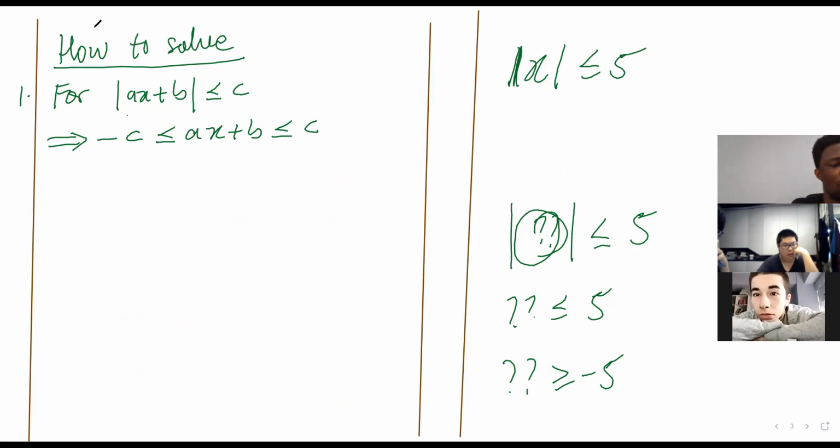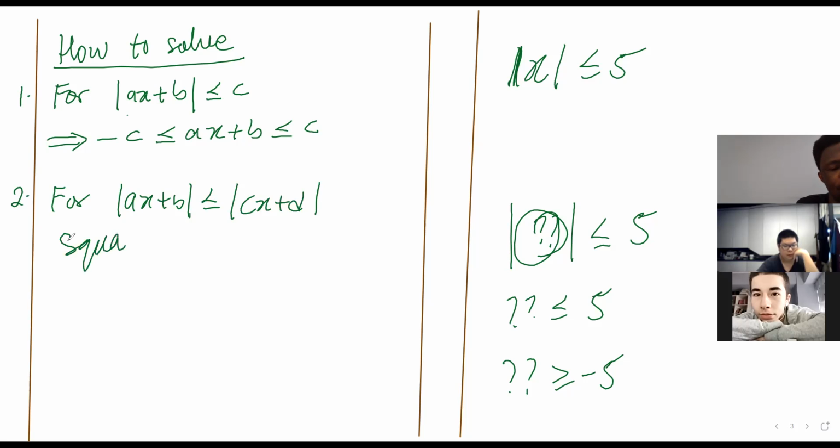Now, if you have absolute value on both sides, less than or equal to cx plus d, this is when you square both sides, because it might be too complicated to write this.